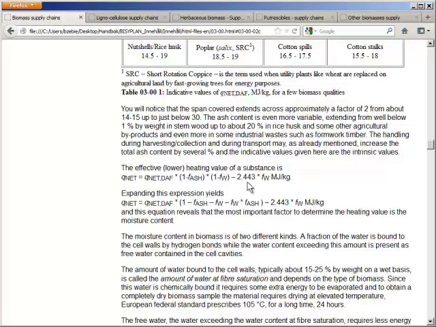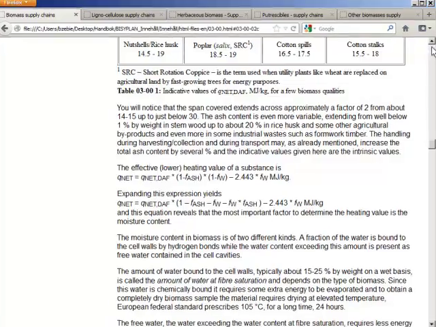That is what is illustrated in the table just above this formula, where the Q net DAF values, the reference values for the dry ash-free substance, are given for a few different types of biomasses.